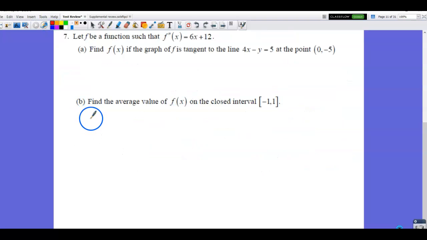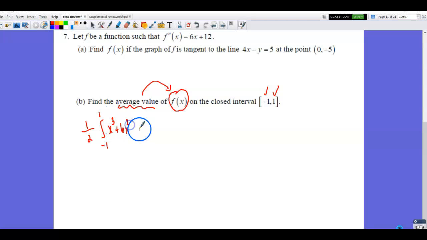So it's a good thing I caught my mistake in letter A because I'm finding the average value of the f of x that I found in A. So average value says to use the calculus formula on f of x. So we have 1 over b minus a. 1 minus negative 1 is 2. Net area from -1 to 1, and our function is x cubed plus 6x squared plus 4x minus 5 dx.